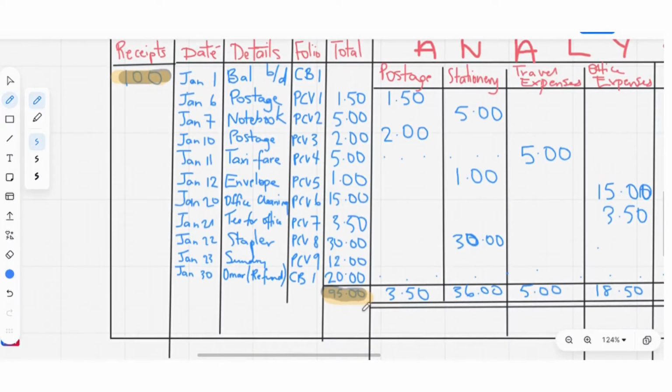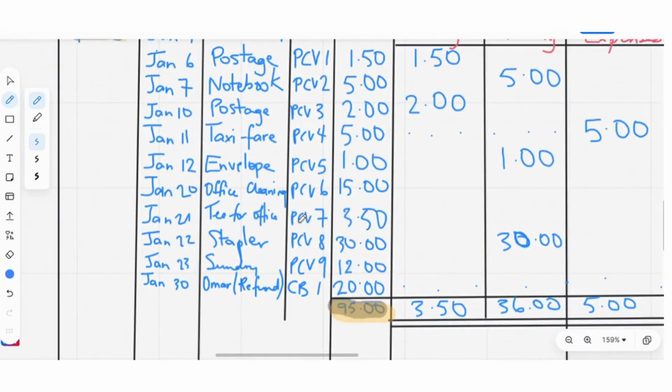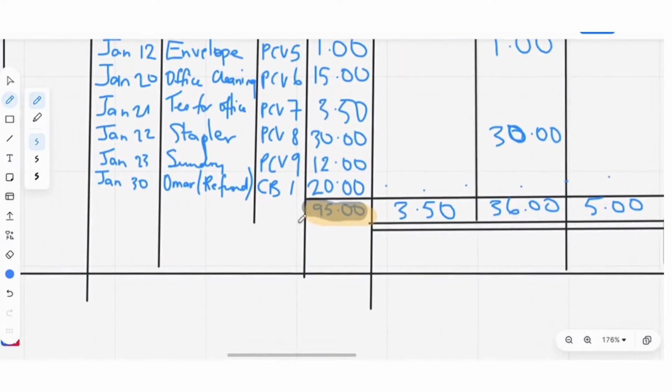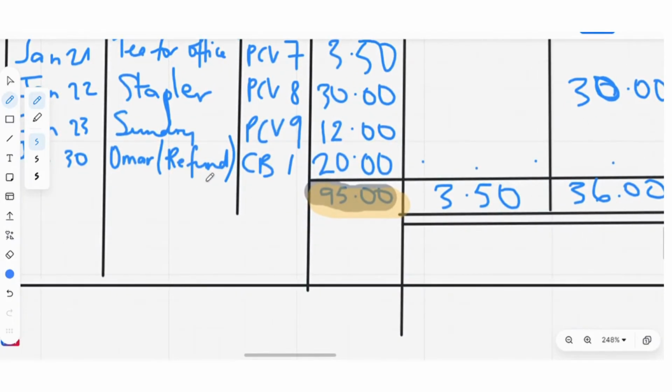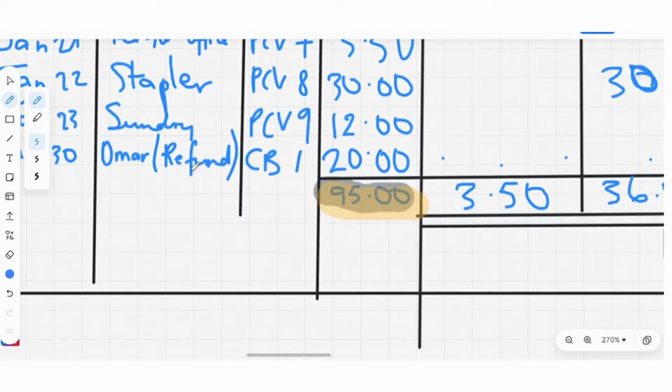So you subtract the 95 here, which is the credit, from the $100 here, which is the debit, just like the ordinary balancing. When I subtract the 95 from the 100, it would leave $5. And we need $5 more to make this side 100.